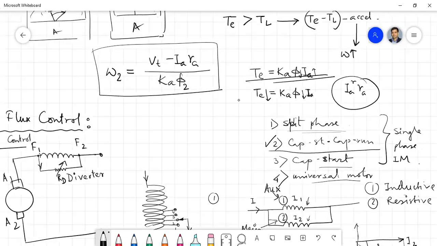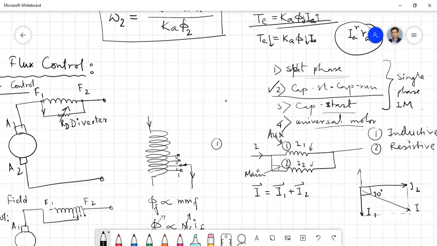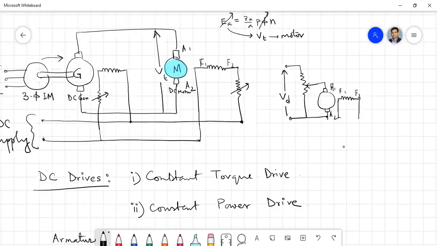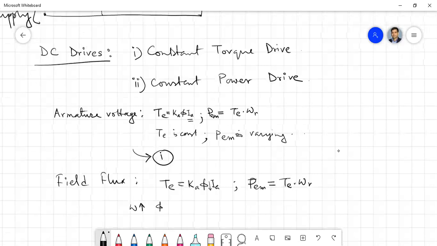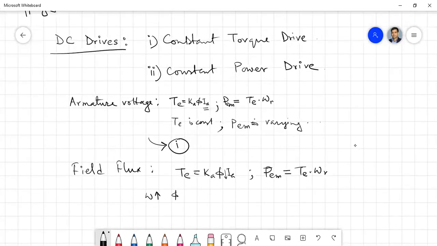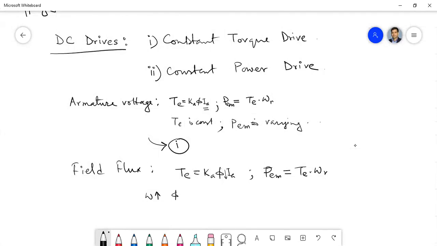But in a drive, which is a separate circuit or separate device altogether, if we see from the implementation point of view, then we want constant armature current for all these drives, because armature current is associated with power loss, and thereby the efficiency of the machine.